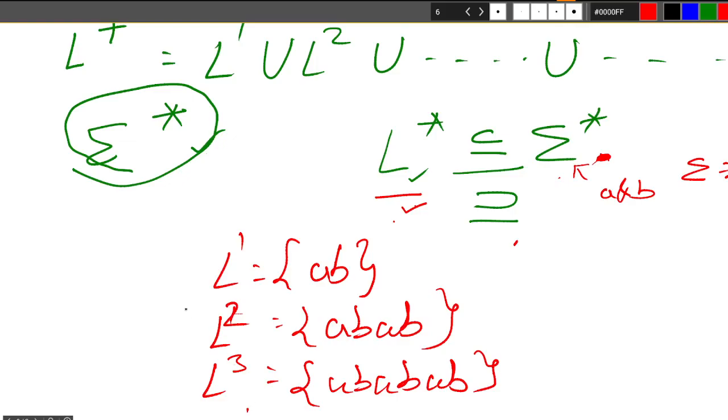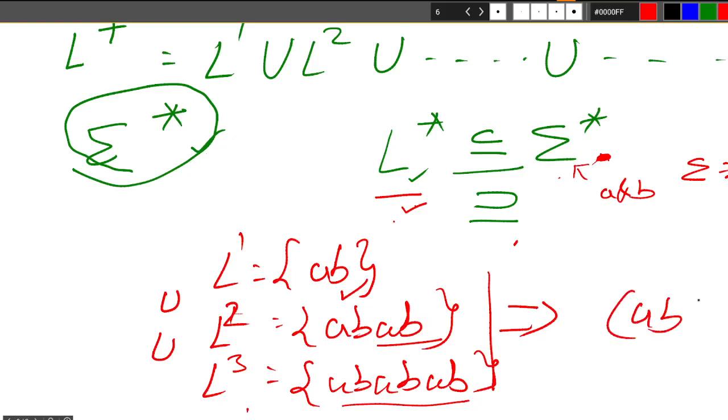So if you find the union of this, it means you will allow AB, ABAB, ABABAB. In a way, when you see regular expressions, you will be able to write this as AB to the power, not a star, positive closure. At least 1 time AB should be there. So this is a possible way to write all these concatenations.